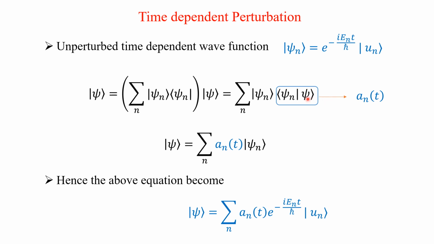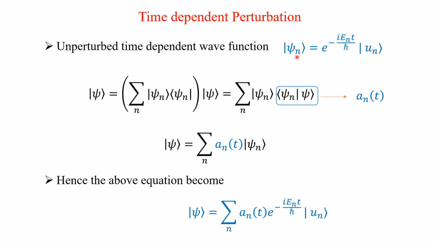So this expansion coefficient is designated as a_n of t. So this summation can be written as summation over n, a_n of t ket psi n. Hence, the above equation becomes psi is equal to summation a_n(t) ket psi n.